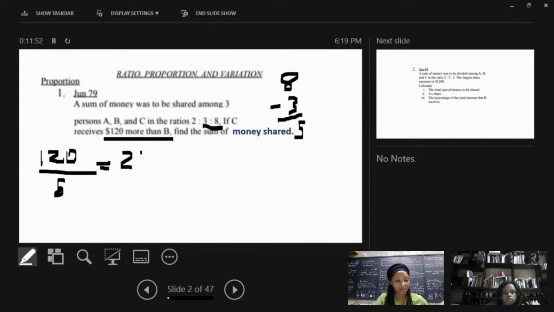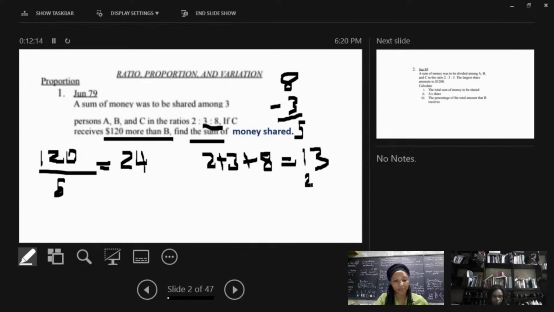24. Yes, Miss, 24. So the unit value of the ratio is 24. So to get the total sum of money, we add 2 plus 3 plus 8, that's 13, and multiply by the 24.